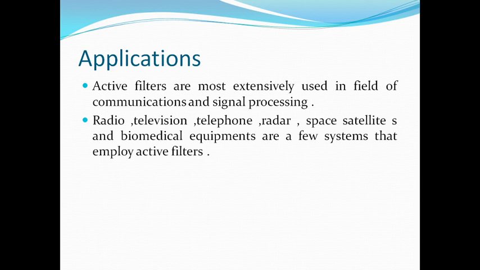You have pass band filter where you have the bandwidth FH minus FL, where FH is your higher cutoff frequency and FL is your low cutoff frequency. All the signals in this frequency range pass through the filter. Then you have the stop band where all the frequencies below the lower cutoff frequency and above the higher cutoff frequency pass through the circuit, and a certain amount of frequencies are stopped.